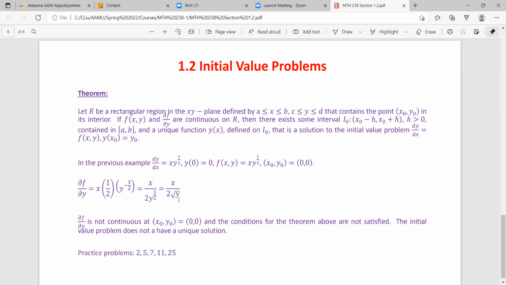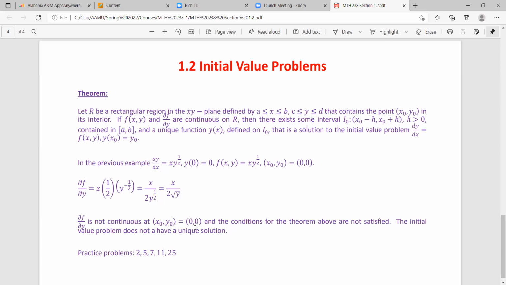Now you can see this partial f, partial y is not defined at the origin. So it's not continuous at this initial point. Okay, f itself is continuous. X times y to the half is continuous, and you can plug in 0 for x and y, but you cannot plug in 0 in the denominator in the partial f, partial y.